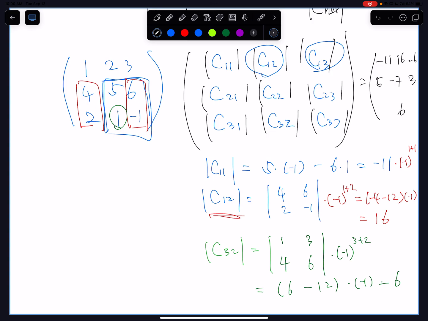And the one is 12 minus 15, so that should be minus 3. And the other is 5 minus 8, so it should be minus 3. So this is the matrix, but this is not the adjugate.